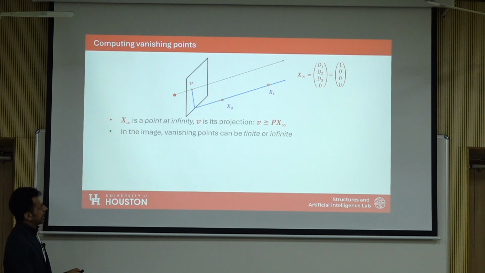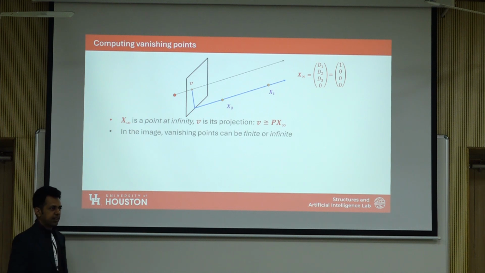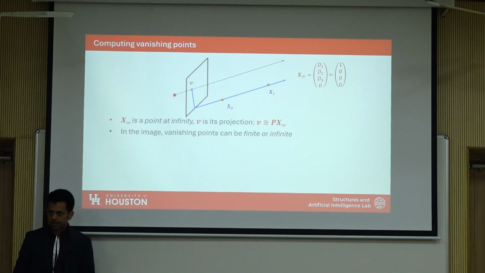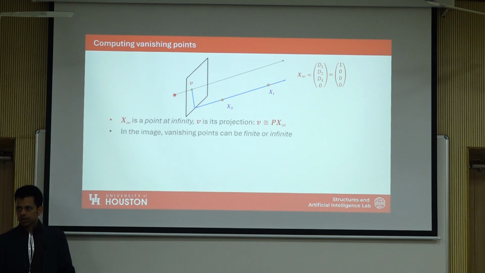If you divide everything by 0, then the first one will become infinity, and the last one, 0 by 0, is not defined, but this is how it's represented. Okay? Because we still have the direction information. So V is the vanishing point. A vanishing point is an image of an infinitely far point.